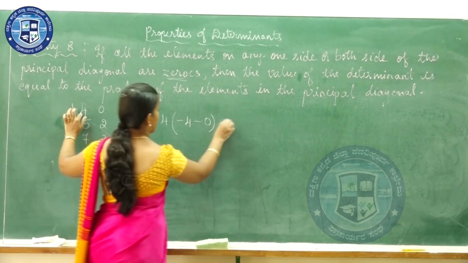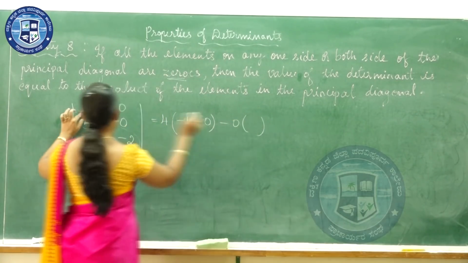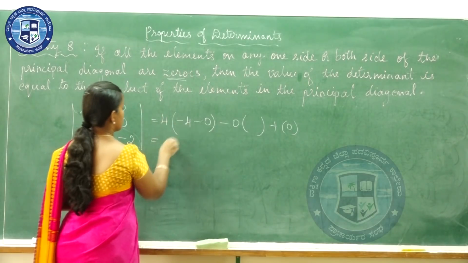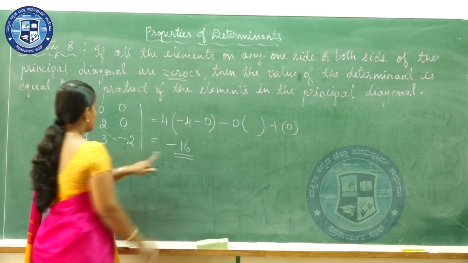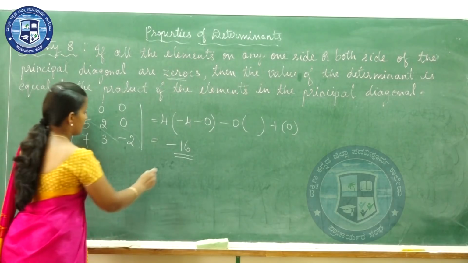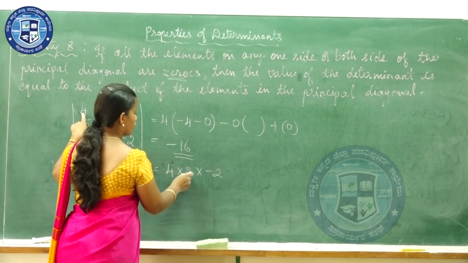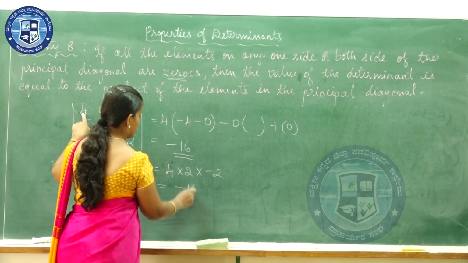Then minus 0 into anything is 0 plus 0 into anything is 0. So what will be the answer? Minus 16. This minus 16 is nothing but 4 into 2 into minus 2. So 4 2s are 8, 8 2s are 16, so minus 16.